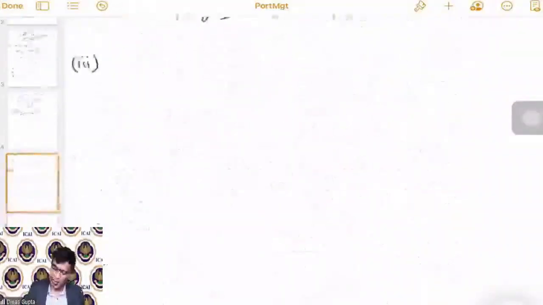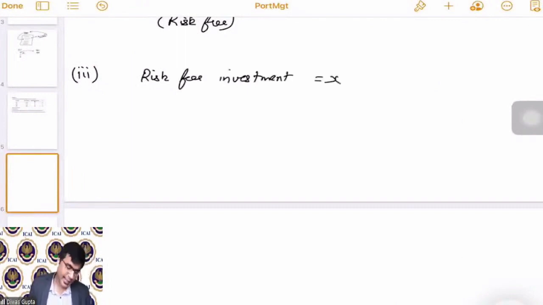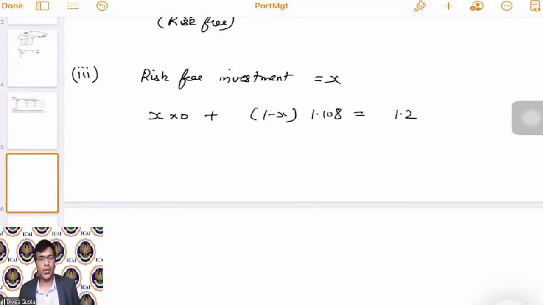Then only you can increase the beta. Now let us see how the calculation part will work. Again, we can assume the risk-free investment to be X. Now X we multiply by 0. 1 minus X is multiplied by 1.108, which is the portfolio beta. The overall beta should be 1.2. This is what the equation is, correct?